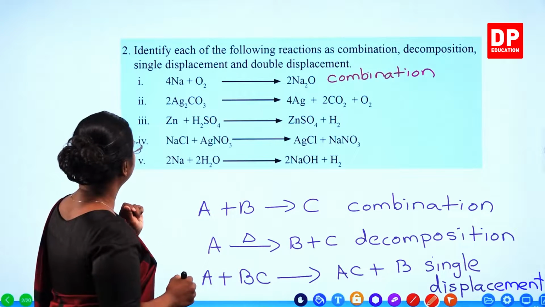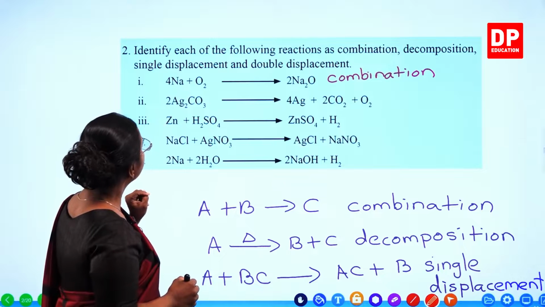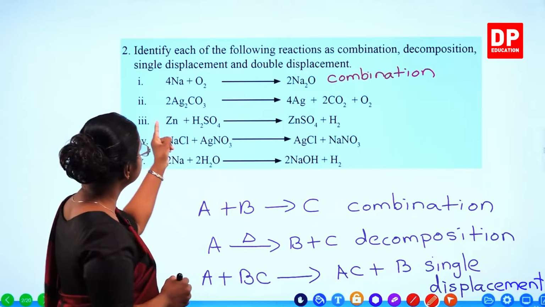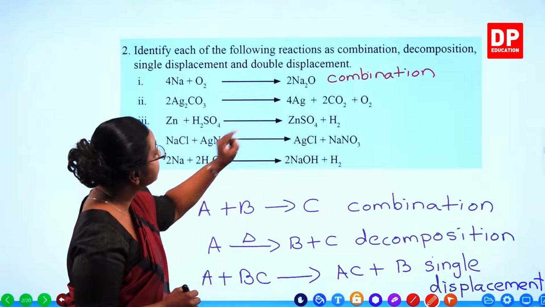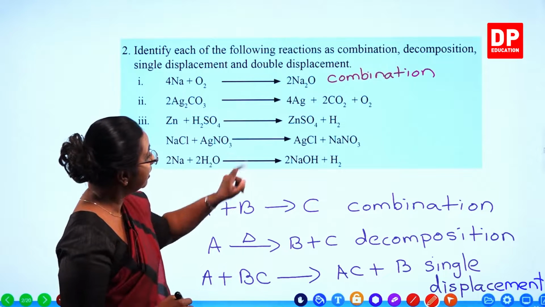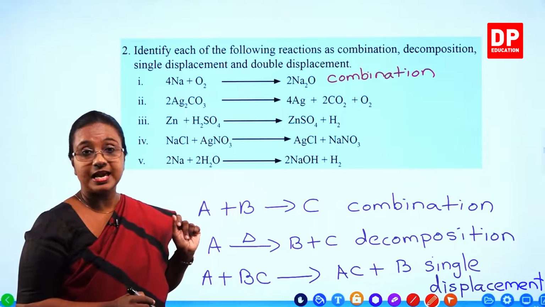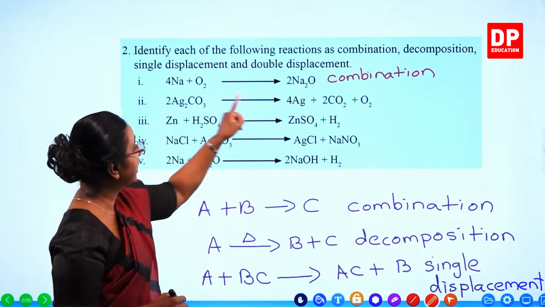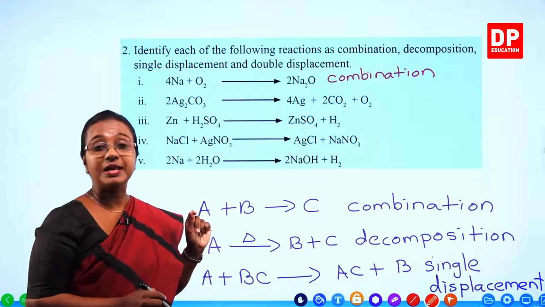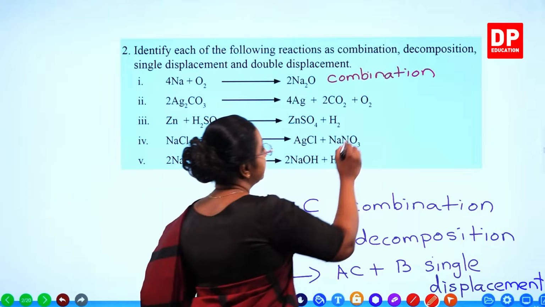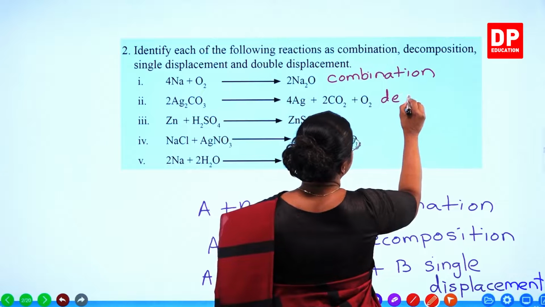So first one, combination. Then 2Ag2CO3, silver carbonate. Ag is silver, silver carbonate gets converted to 4 silver plus 2 carbon dioxide and 1 oxygen gas. So one compound getting decomposed into many other substances. So that is a decomposition reaction. This is decomposition.